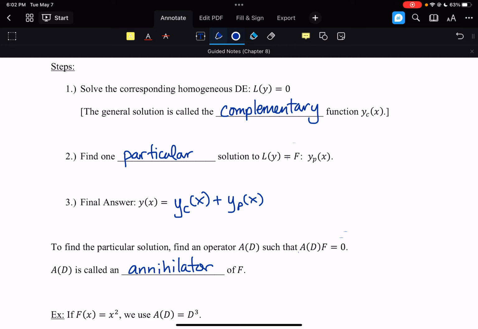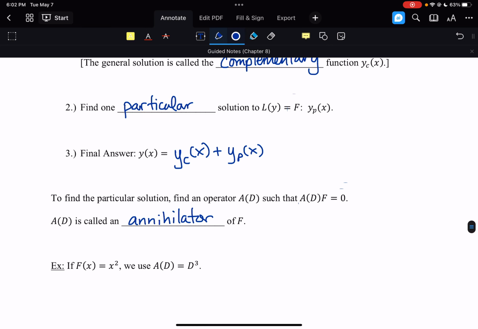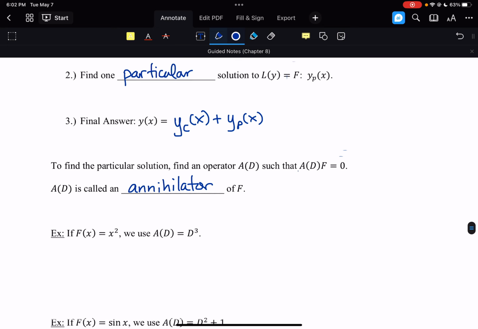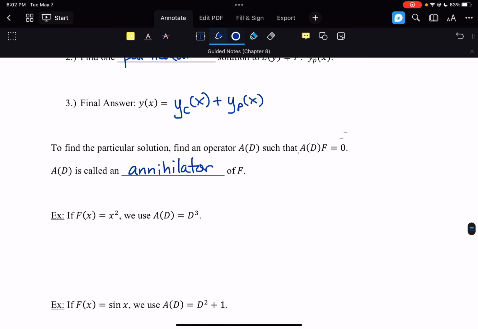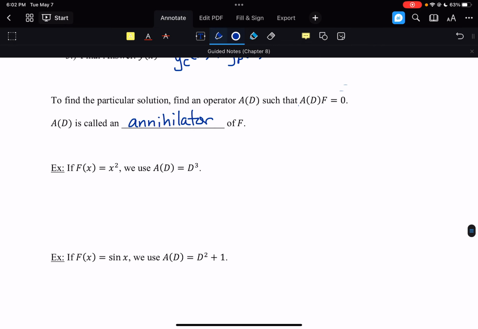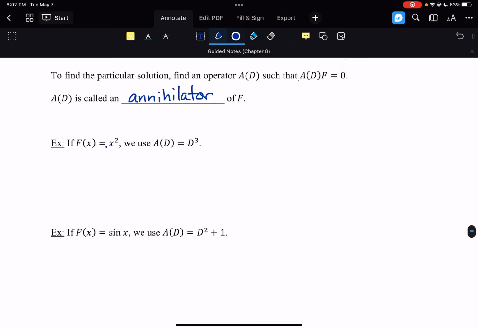So we can apply annihilators to a function to turn it into a 0, and then use that to solve for the particular solution. A couple quick examples before we look a little more in depth at this. If f of x was equal to x squared, we would use the annihilator D cubed. Since f triple prime of x, the first derivative is 2x, the second derivative is 2, the third derivative is 0.